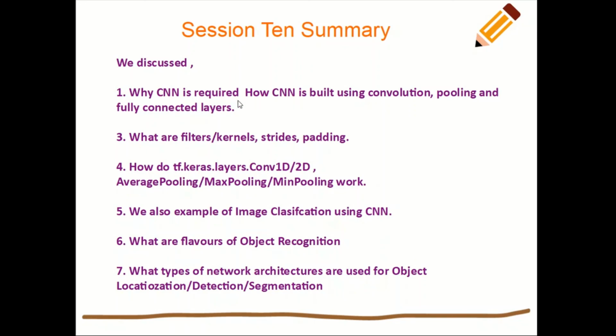We saw that we wanted to retain the spatial information, and we also saw how CNN is built using convolution. We saw 1D and 2D convolutional layers, and then we talked about pooling, like average pooling, max pooling, min pooling, and all. And then we saw how we flatten the output and use the dense layers on top of it.